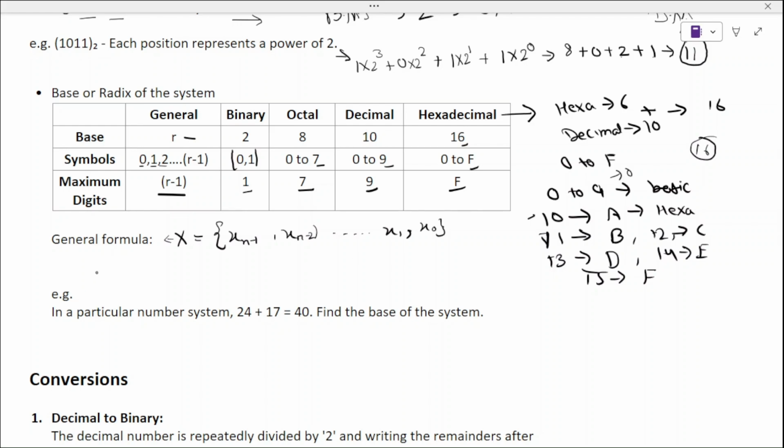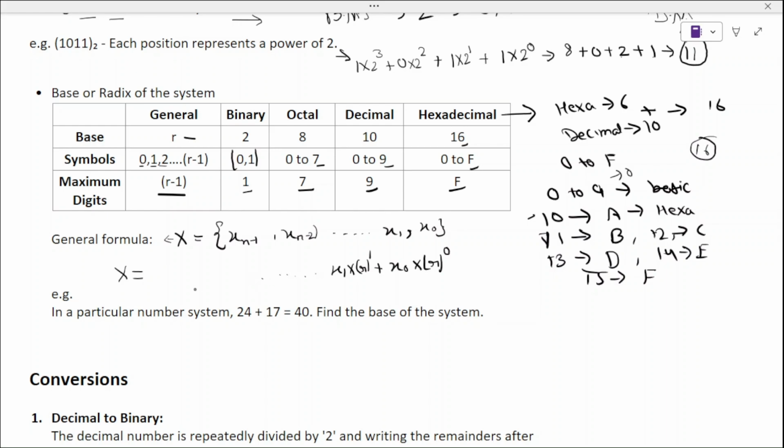Okay. So how will we represent this x? Let's start from the right-hand side. The x0 multiplied by r. What is r? r is the base, raised to power 0. Next is x1 multiplied by r raised to power 1.